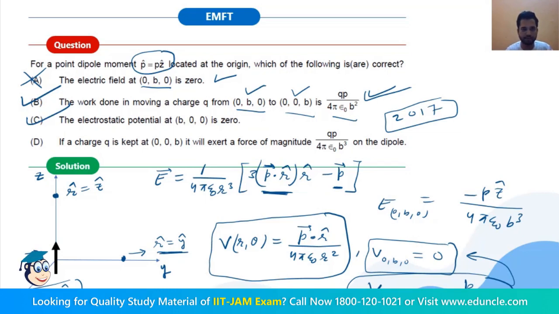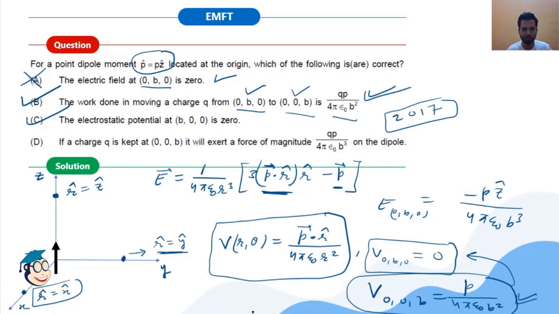Now option D, if a charge Q is kept at 0 comma 0 comma b, it will exert a force of magnitude this much quantity. So let's say the charge is kept at 0 comma 0 comma b at this point. Your r cap is z cap.